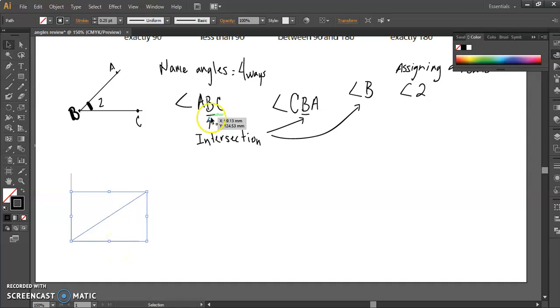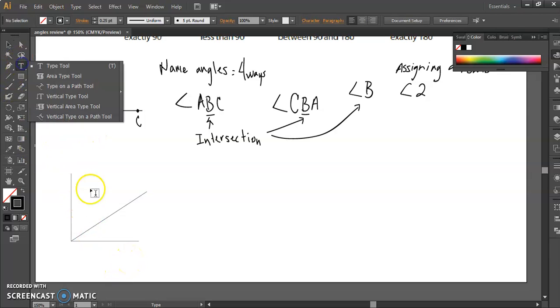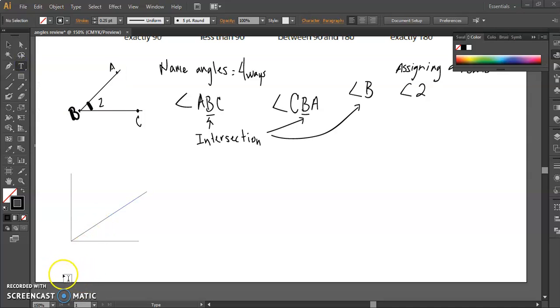When I divide this right angle, I'm going to have 2 angles that together make up a right angle. Remember that these are called complementary angles.